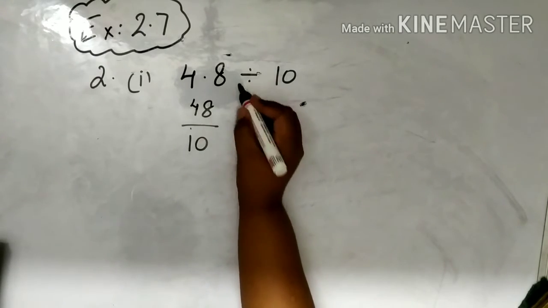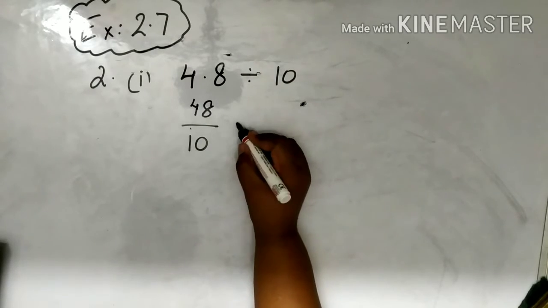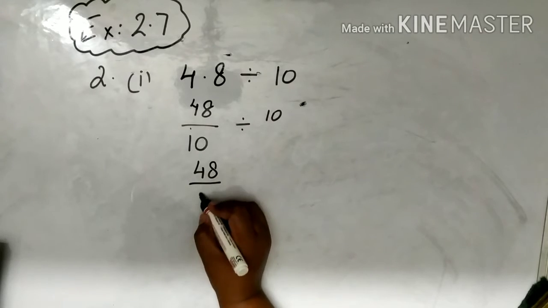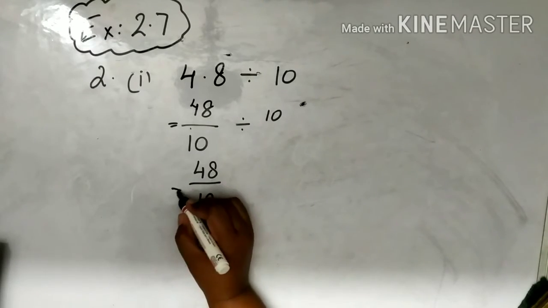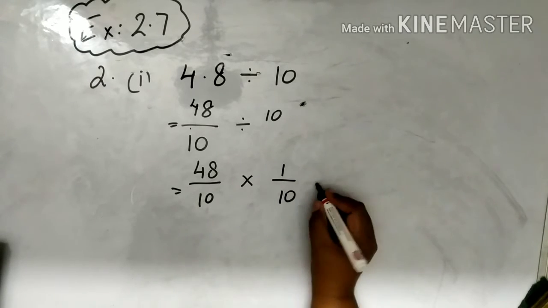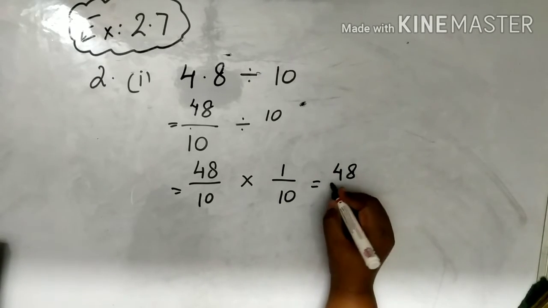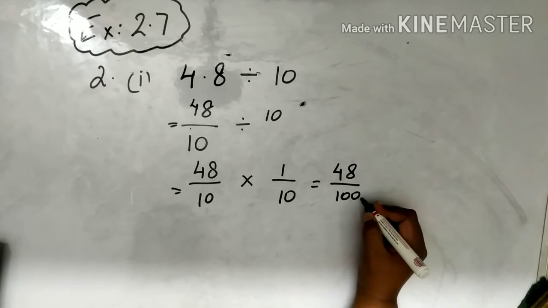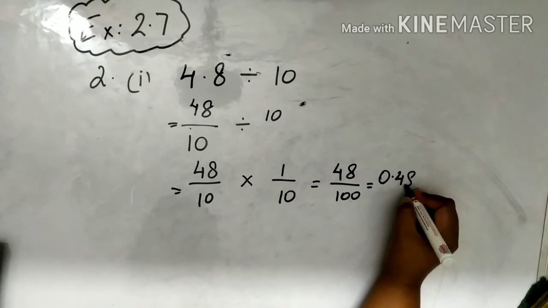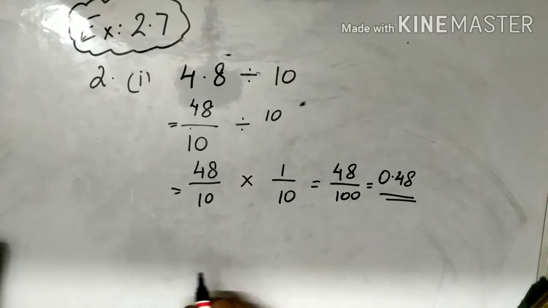So this will become 48 by 10 divided by 10. Next step, 48 by 10 into 1 by 10. So here we have 48 divided by 100. Now this can be converted into decimal, and we can write the answer as 0.48.